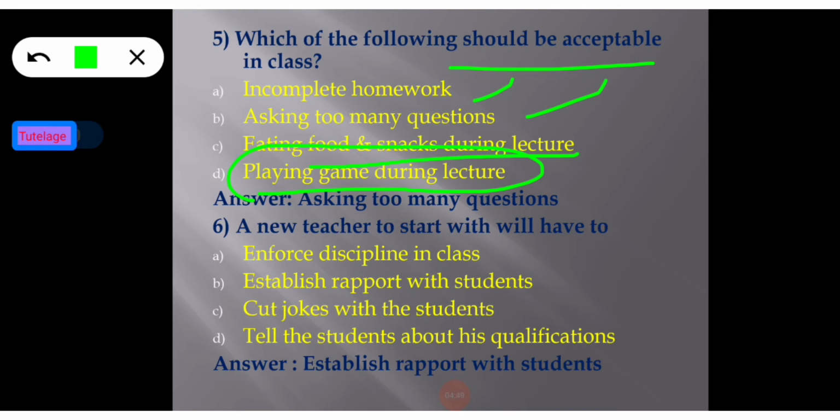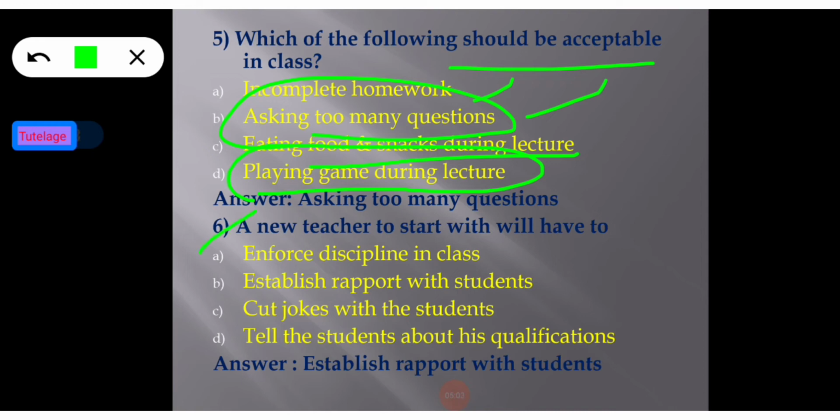So obviously, asking too many questions is the correct answer for this question, and this behavior should always be acceptable in the class. So now move on to the next question.